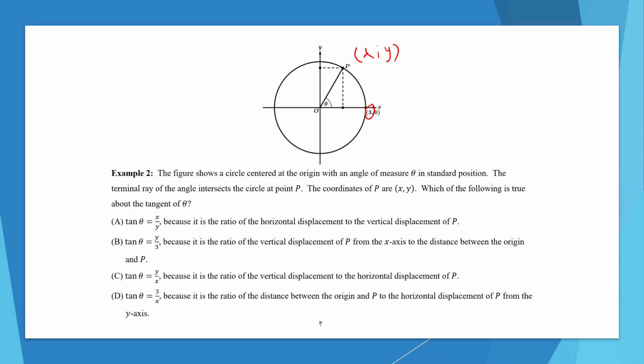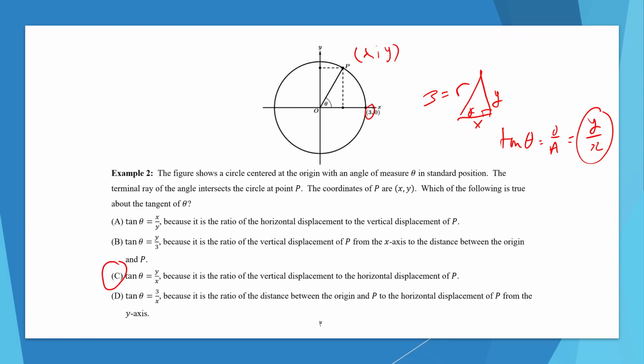Tangent is going to be, if we draw that triangle out again, here theta, x, y, and r, which we know is equal to 3. Tangent is going to be opposite over adjacent, which in this case is y over x. And that will always be tangent here. So tangent is y over x.